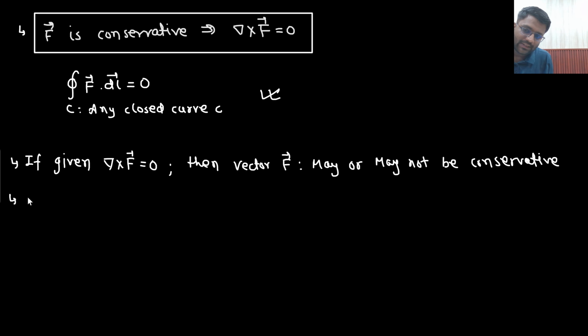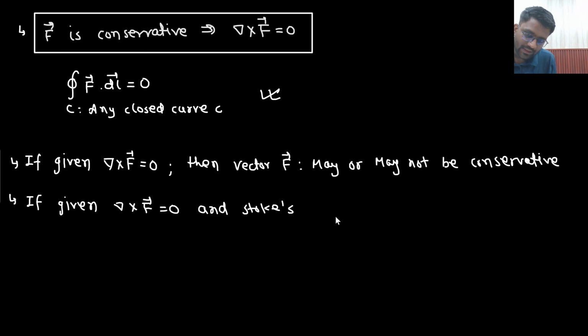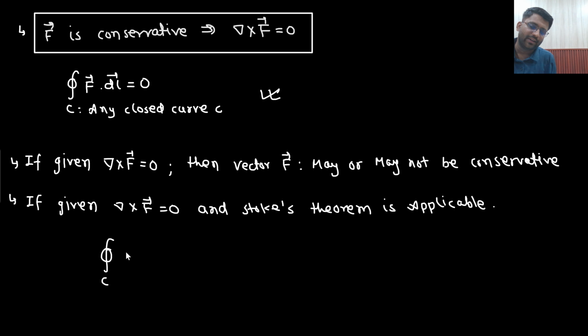But this is the first statement. Let's say another statement is given. If given del cross f is 0 and Stokes theorem is applicable, both of the conditions are mentioned now, that Stokes theorem is also applicable and del cross f is also 0, then your closed line integral f dot dl will be equivalent to what?